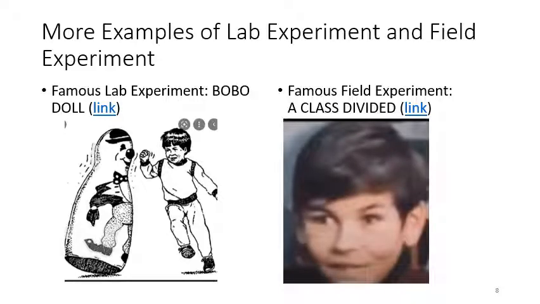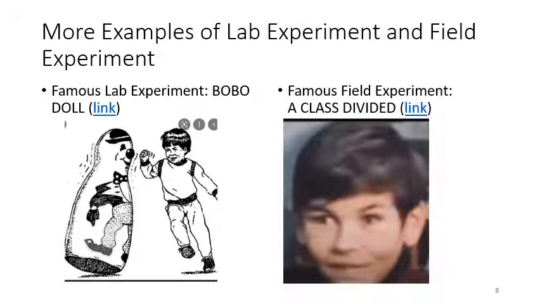A couple more examples. These are video links that you'll need to click on. They're definitely experiments you should watch. This one is an example of whether children were more aggressive if they observed aggressive behavior than if they observed gentle behavior.